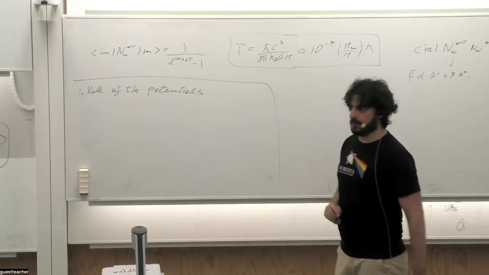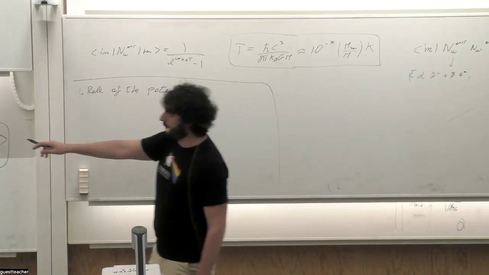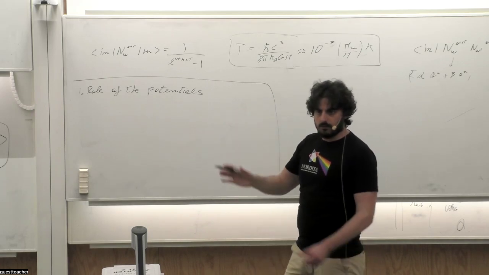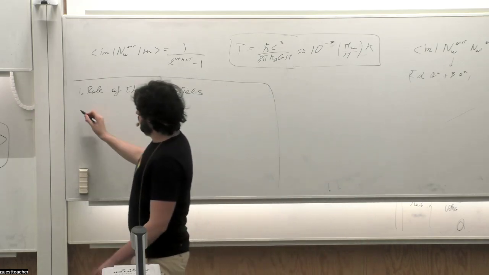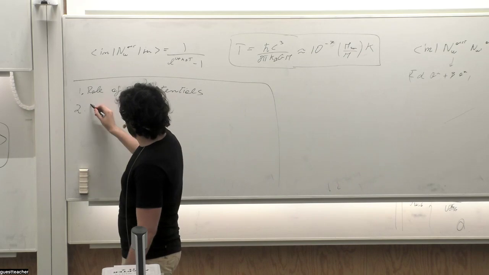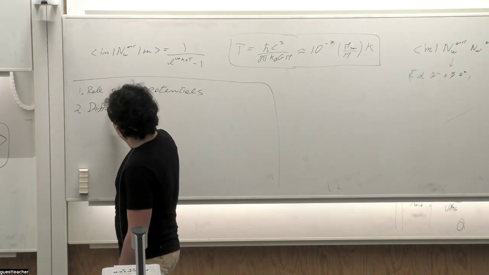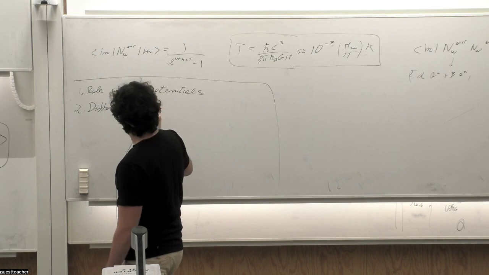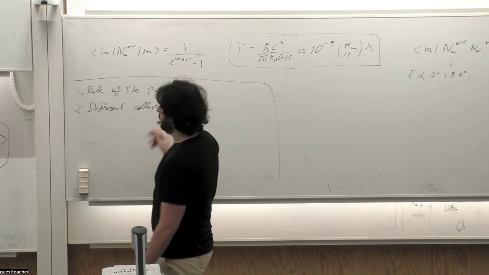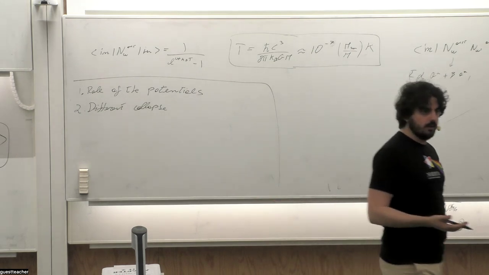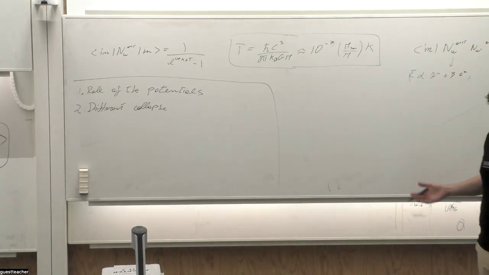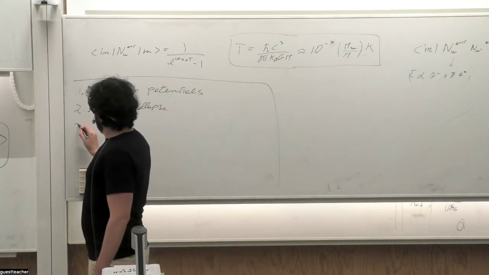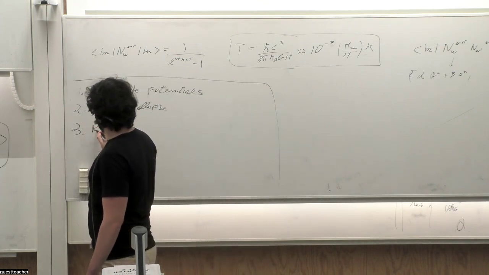What is the role of the potential terms, the ones we discarded? We only took free propagation. Then, second, different collapse: what happens if instead of a null shell we take any star, any more realistic star. And third, what was the role of the horizon?